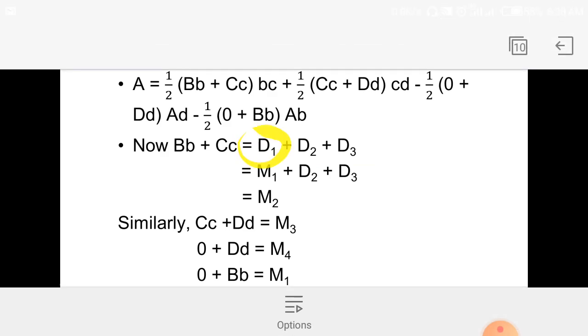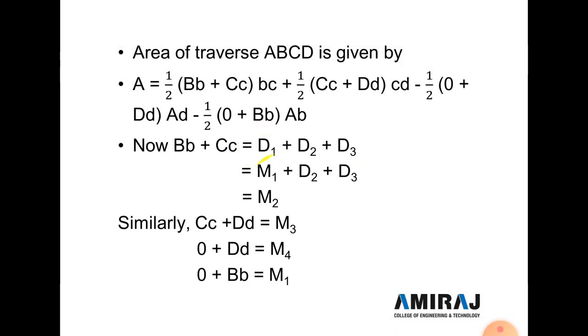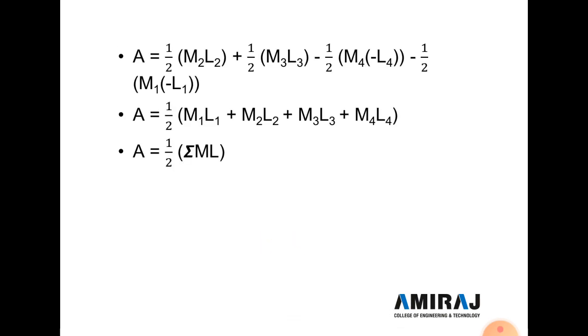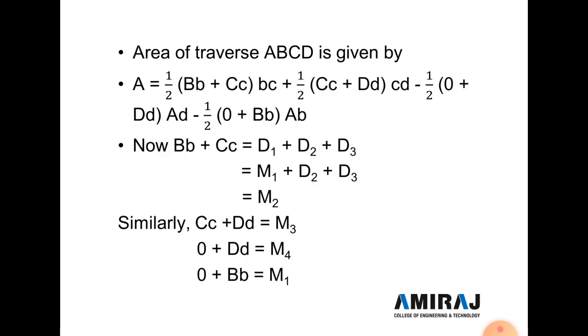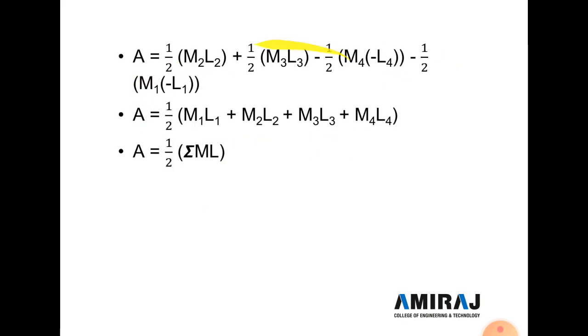So D1 is already discussed, it is M1, and D2 is as it is, and D3 is as it is. Now M2 is the summation of all the values, we got M2. Similarly CC plus DD is M3, and DD is M4, and BB is M1. Now put all the values in the above equation, so we got this answer.